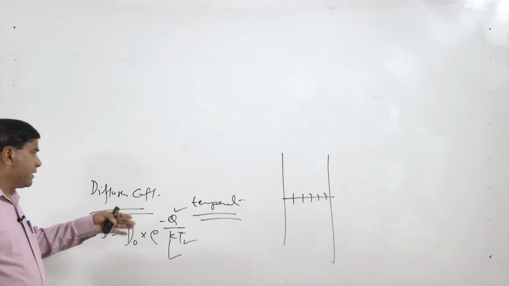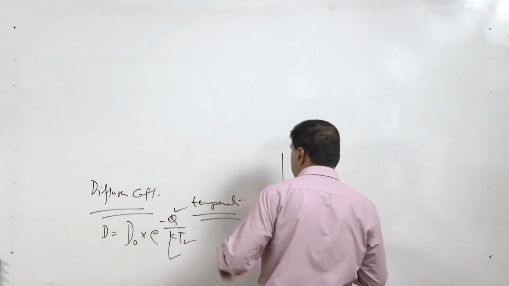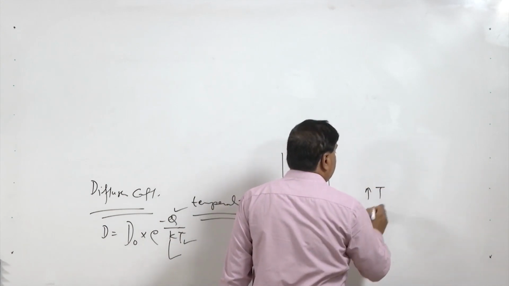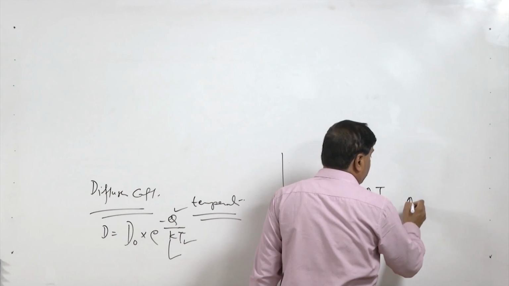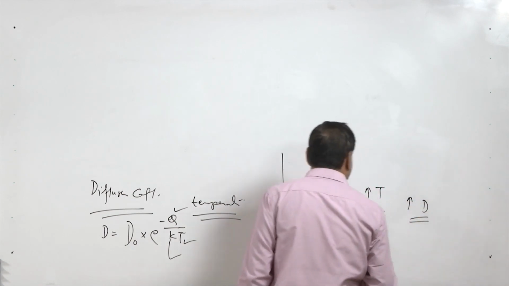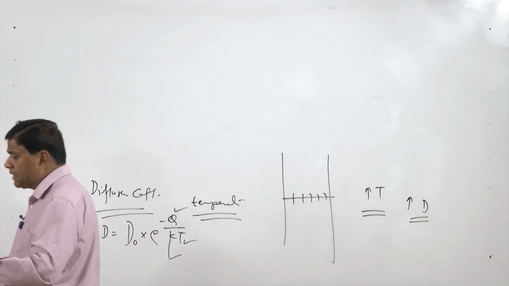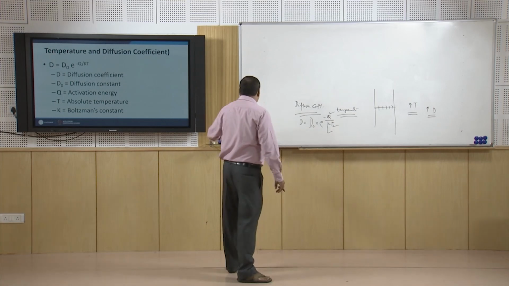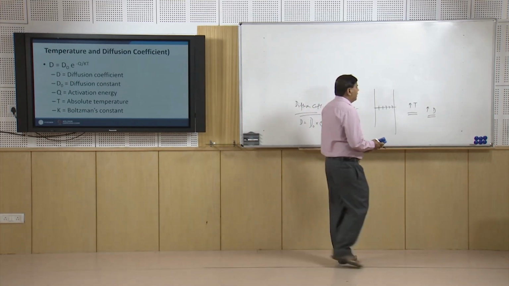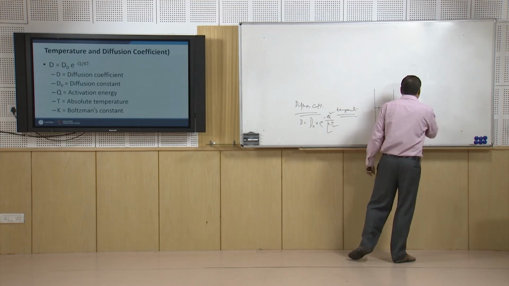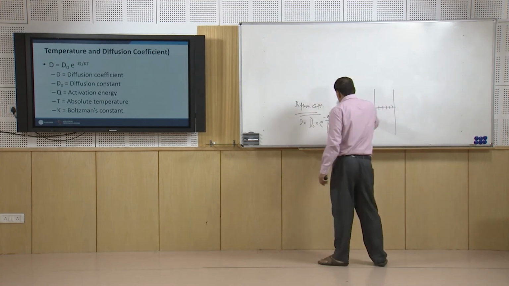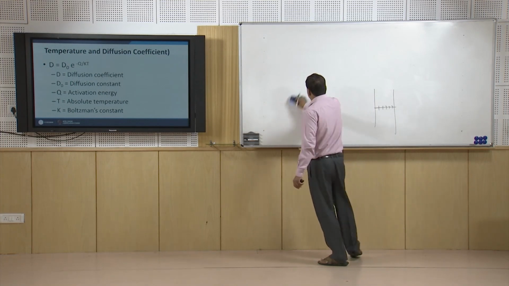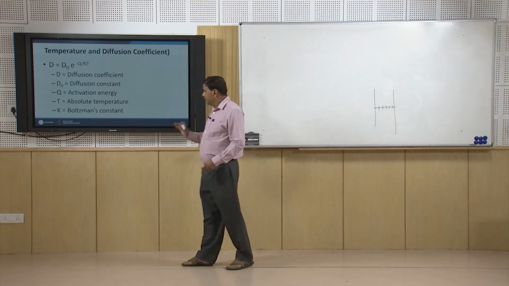So, this equation reflects that an increase in temperature results in a higher diffusion coefficient, and the lower the activation energy, the higher the diffusion coefficient. So, it is always good to have low activation energy and high temperature in order to facilitate the diffusion, which is a function of the material system and also of the temperature.